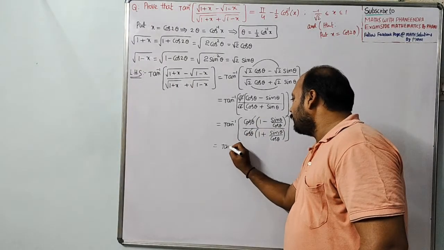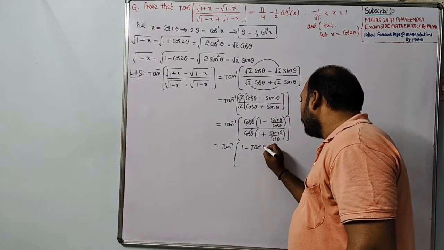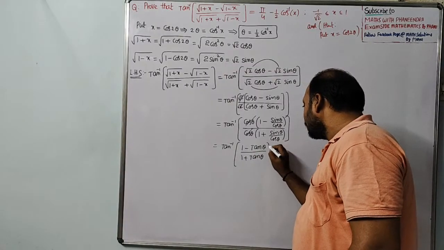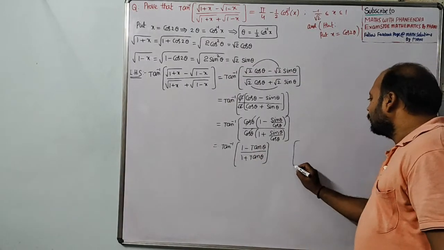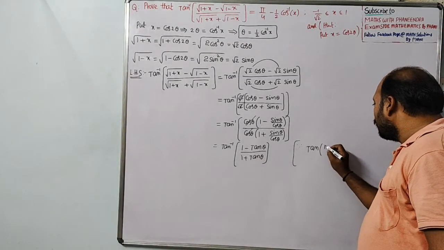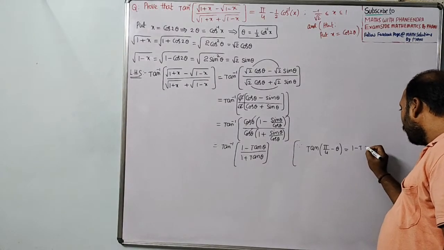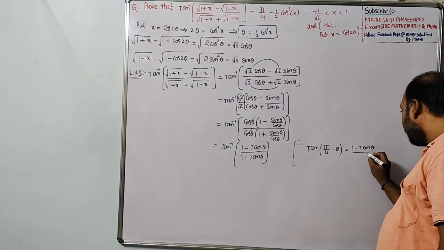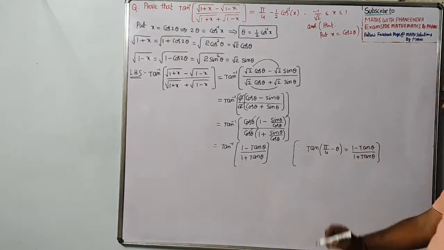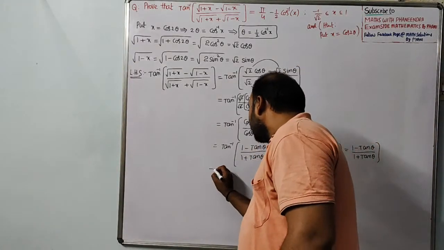Tan inverse of 1 minus tan theta by 1 plus tan theta. Even here also we have a formula, dear friends. Tan of pi by 4 minus theta is equal to the standard formula 1 minus tan theta by 1 plus tan theta. So wherever 1 minus tan theta by 1 plus tan theta is there, you replace it with this value.